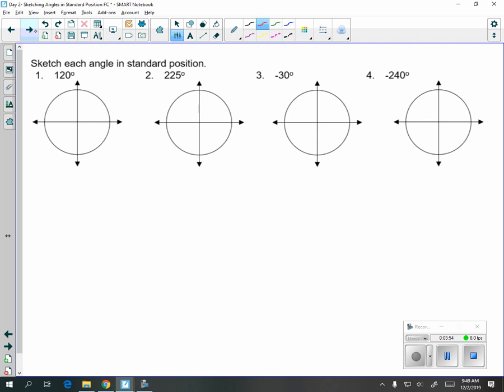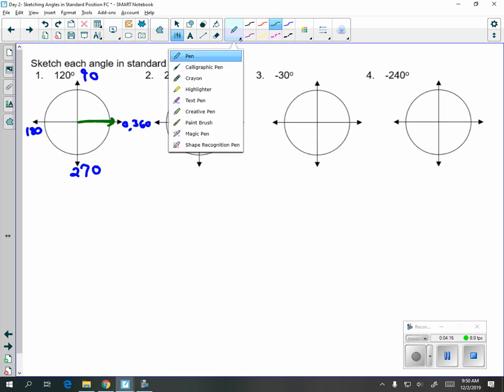Let's actually try it out. We're sketching 120 degrees. If I were you, I would first label your quadrantal angles to help you out. We're always starting at your initial side. It's positive 120 degrees, so that means I'm going to be going up, and you need to know where to end.